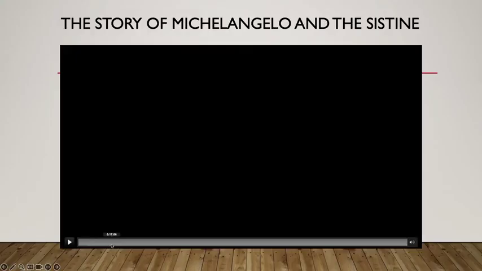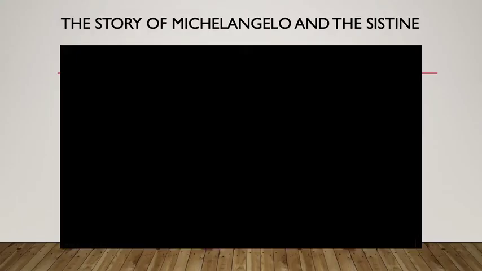So let's take a look at the story of Michelangelo and the Sistine Chapel. Now, before I play this, I want to set this up. This is a movie, a Hollywood movie called The Agony and the Ecstasy. It stars Charlton Heston as Michelangelo and Rex Harrison as Pope Julius.